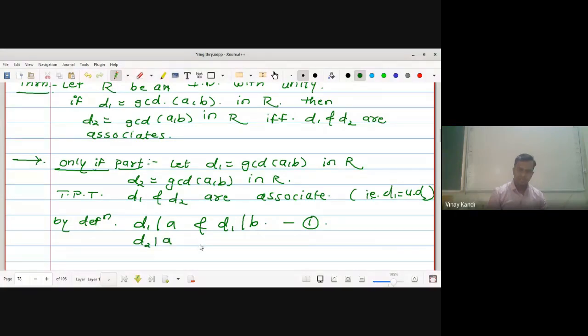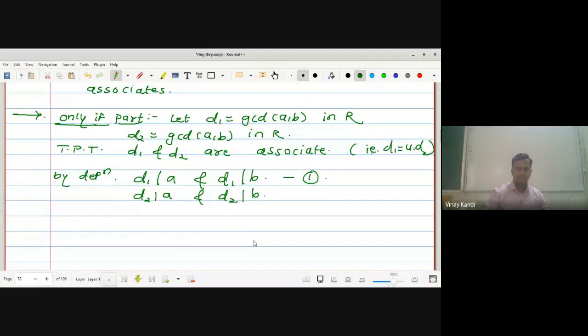D2 divides A and D2 divides B. Now look here. Since D1 is the GCD of A and B and D2 divides A and B, D1 must divide D2. Why? Because D1 is the GCD of A and B. And similarly, D2 must divide D1.